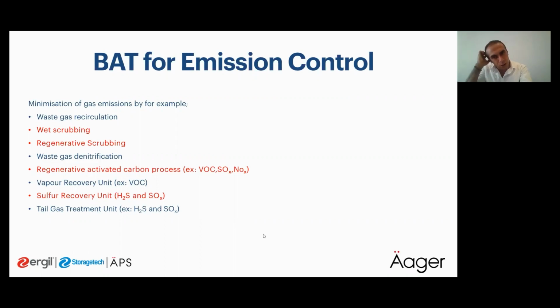Also, I wrote some examples: the sulfur recovery unit can use hydrogen sulfide or sulfur dioxide, and the activated carbon process can use VOCs or SOx or NOx groups of chemicals.